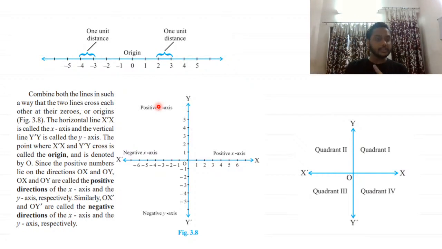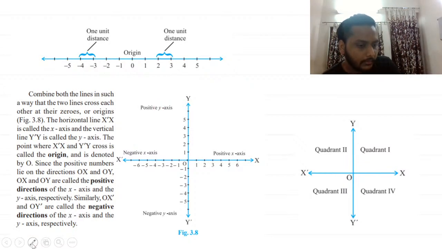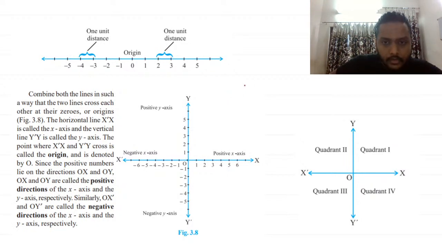Now understand, what is 0, 0? When I'm talking about the point 0, 0, what do I mean by this, guys? By this I mean that my x is 0 and my y is also 0. Am I clear?